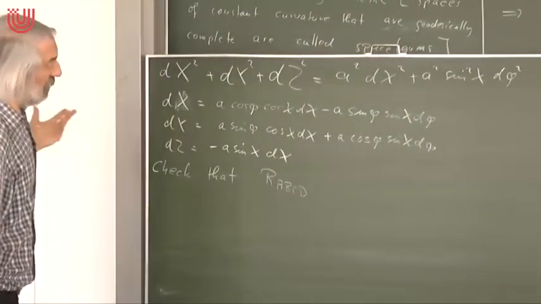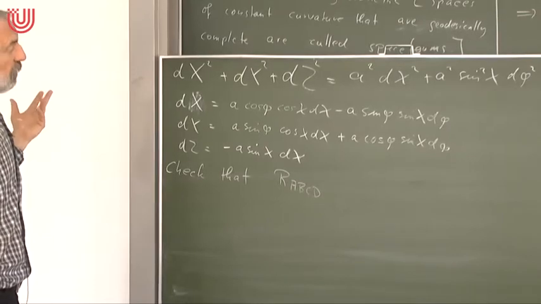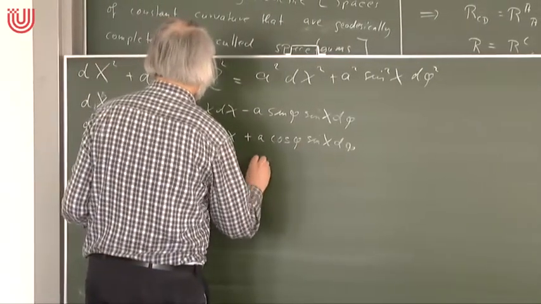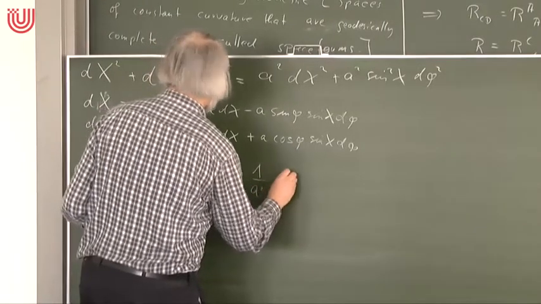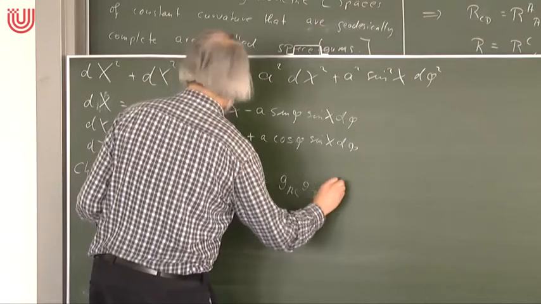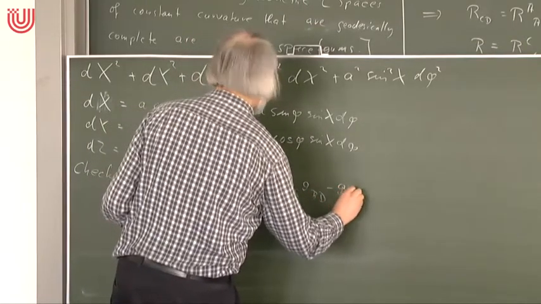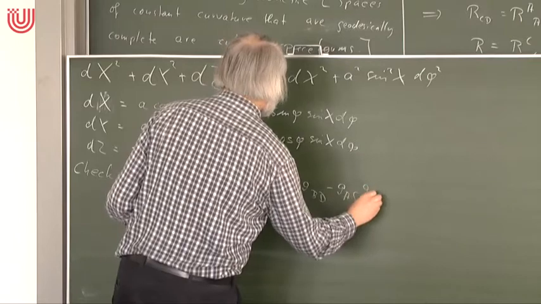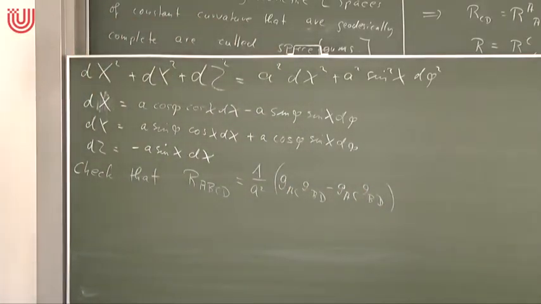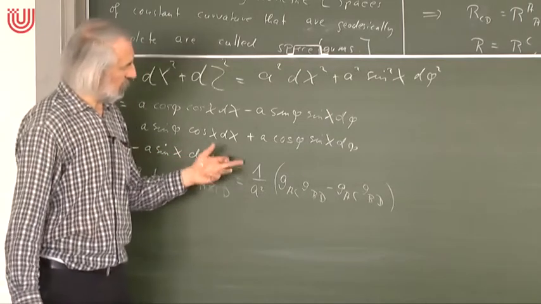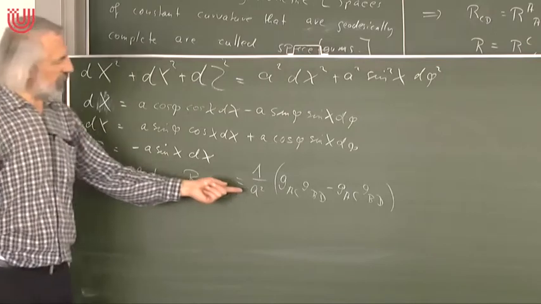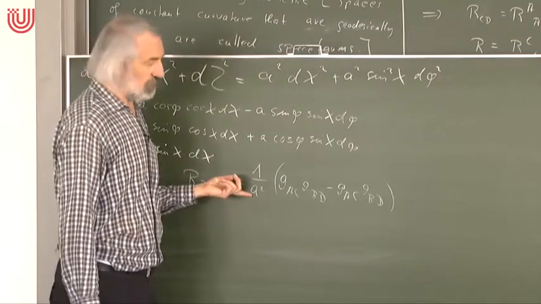There are only, I think, 3 which are different from 0. And you calculate the curvature tensor, and you get 1 over a squared, g_AC g_BD minus g_AC g_BD. So the scalar curvature K is equal to 1 over a squared. Of course, you see if a goes to infinity, then K goes to 0.